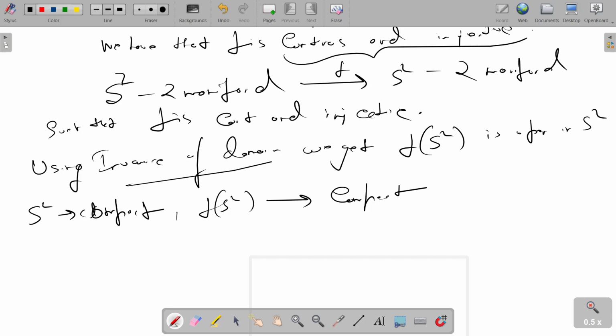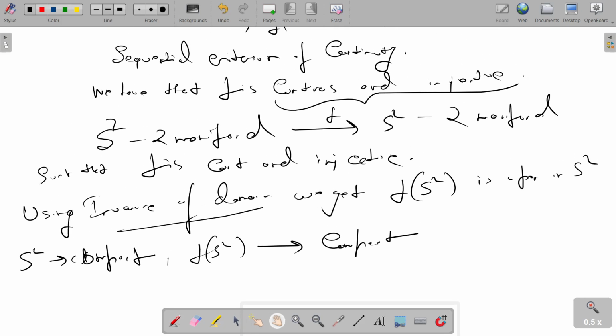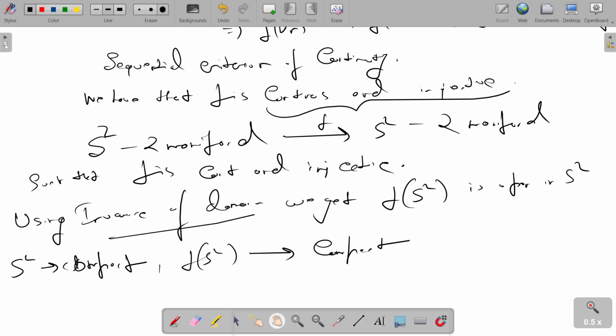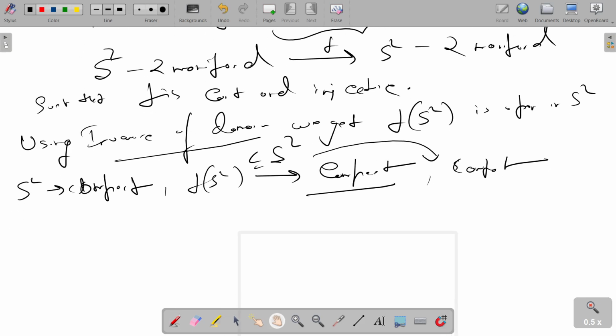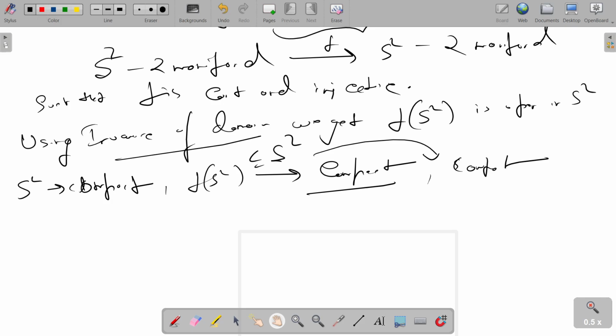Now, f(S square) is a subset of S square. Since S square is compact and f(S square) is compact inside it, f(S square) is closed.